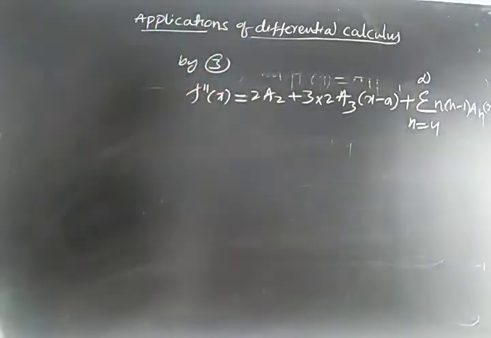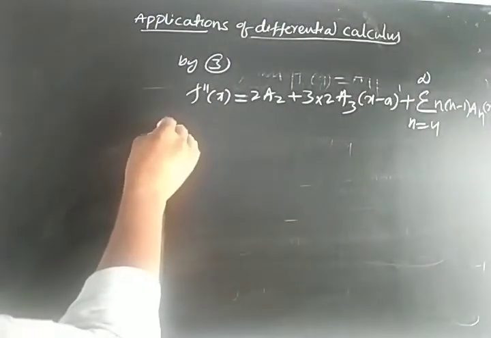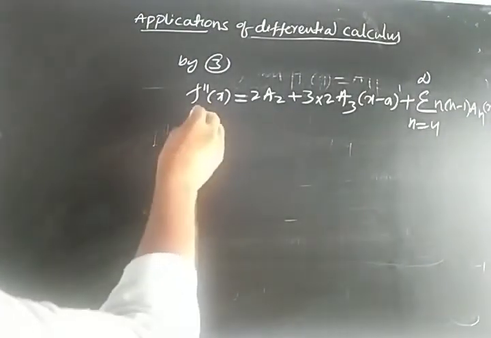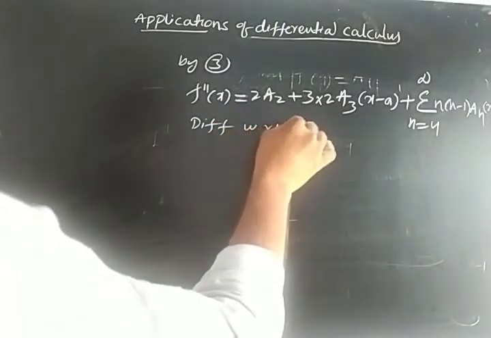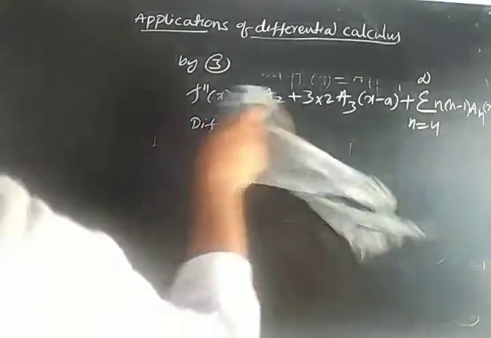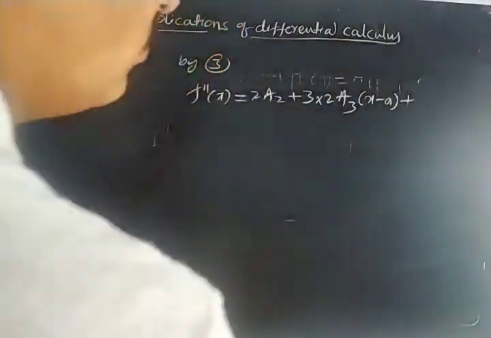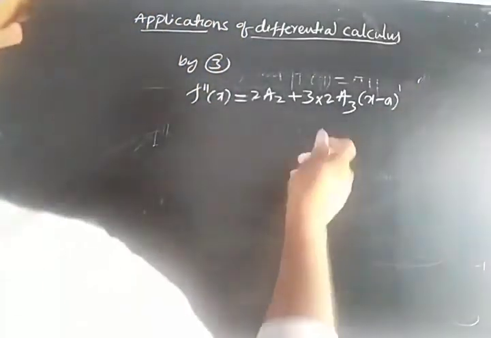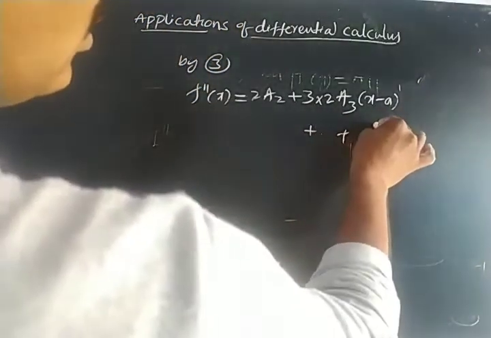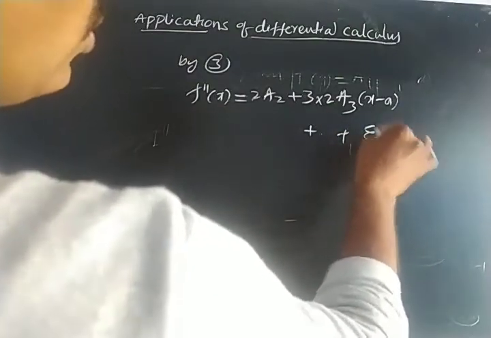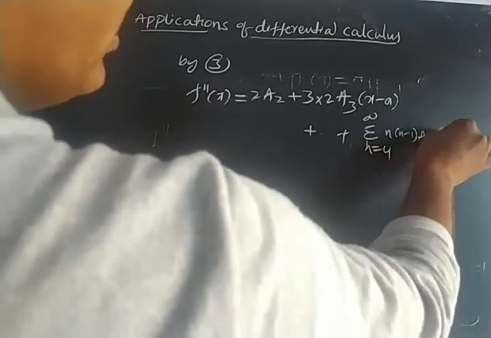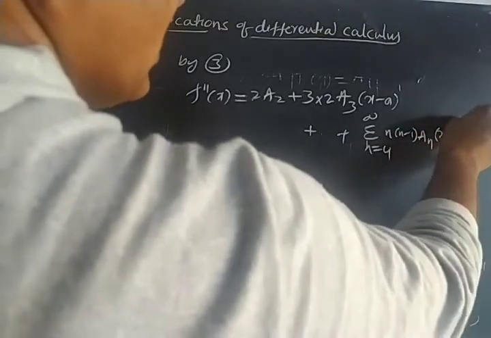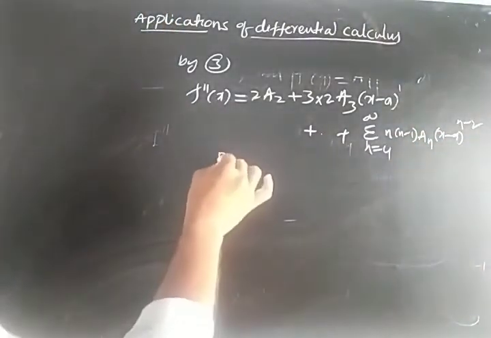Again by differentiating it, f double dash, differentiate with respect to x. Here in the term, what we have I will write here, plus so on, summation n equal to 4 to infinity n into n minus 1 into an x minus a whole power n minus 2. Now differentiate with respect to x.